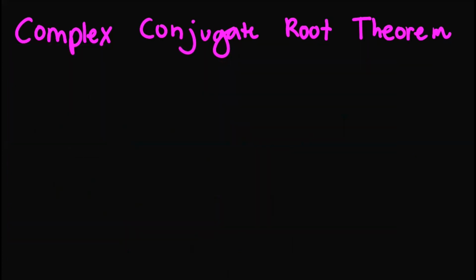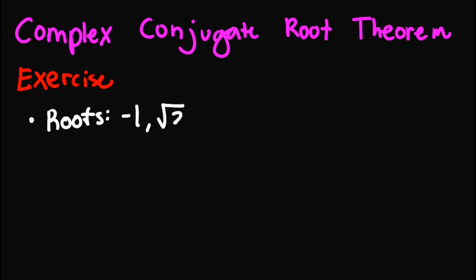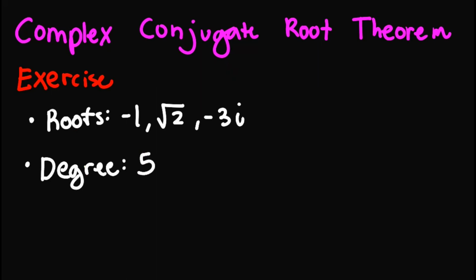To end this, here's an exercise that you can work on. Suppose that you are given the roots negative 1, square root of 2, and negative 3i. And your goal is to find a polynomial equation of degree 5.